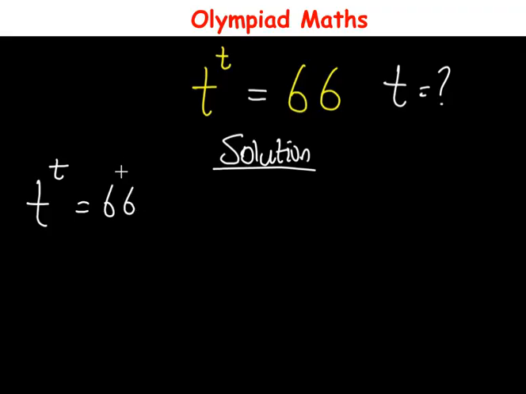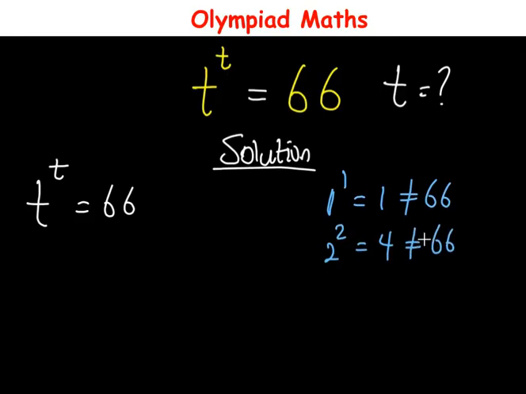Now, this question is that you will pick a number, right? And that number, you will raise it to that same number, and the value must give you 66. Let's say we test it out. We try 1. 1 raised to power 1 is equal to 1, and this is not equal to 66. If you try 2, 2 raised to power 2 is equal to 4, and this is also not equal to 66.